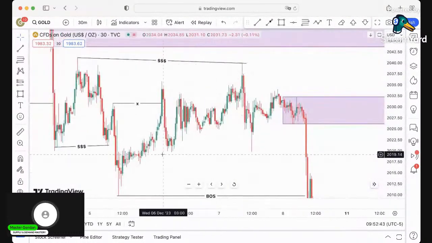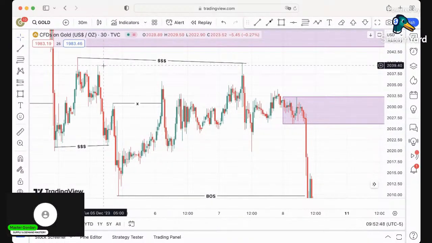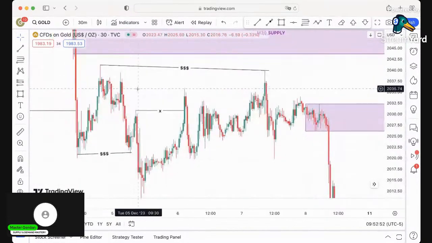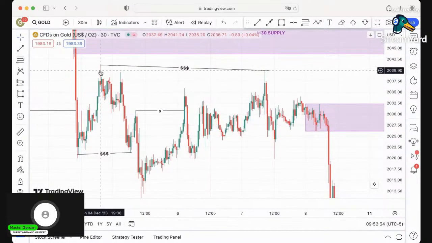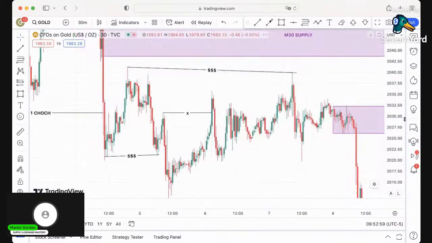But sometimes, even if the zone is mitigated, it's still valid. As long as the zone didn't break through, then the zone is still valid.